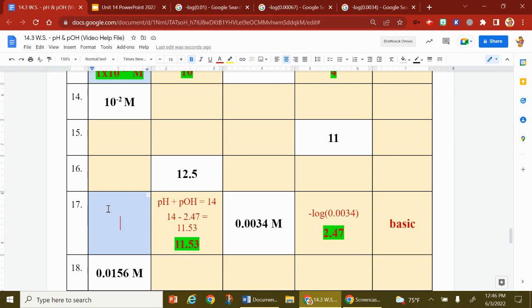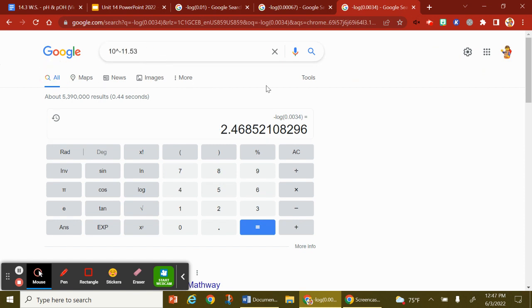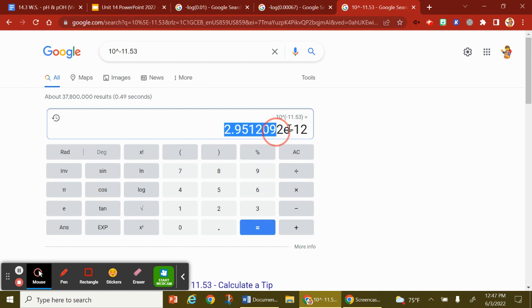Well, once again, we're just going to take 10 and we are going to raise it to the negative pH. 10 raised to the negative 11.53. What is 10 raised to negative 11.53? This is a Google problem. All right. The answer is 2.95 times 10 to the negative 12th.